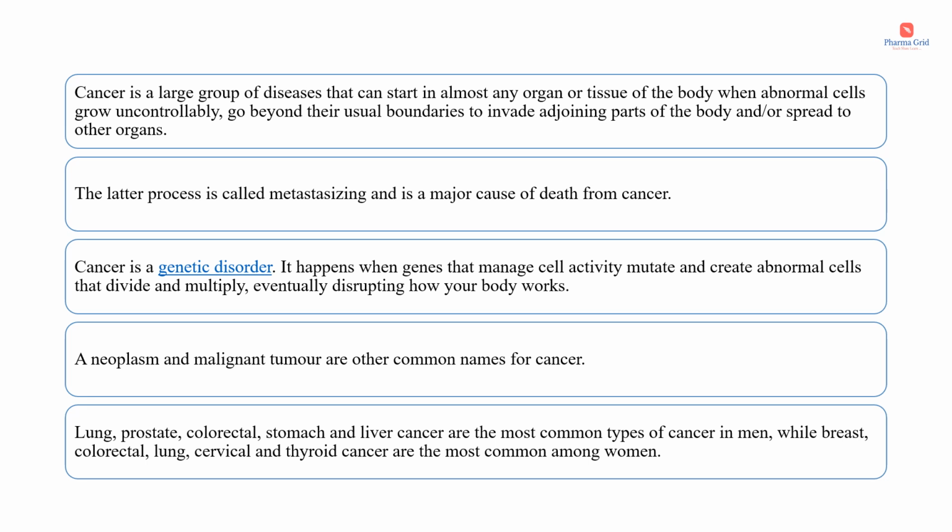Cancer is a kind of genetic disorder. It happens when genes that manage cell activity mutate and create abnormal cells that divide and multiply, eventually disrupting how your body normally works. A neoplasm and malignant tumor are other common names for cancer. So other names for cancer are neoplasm as well as tumor.